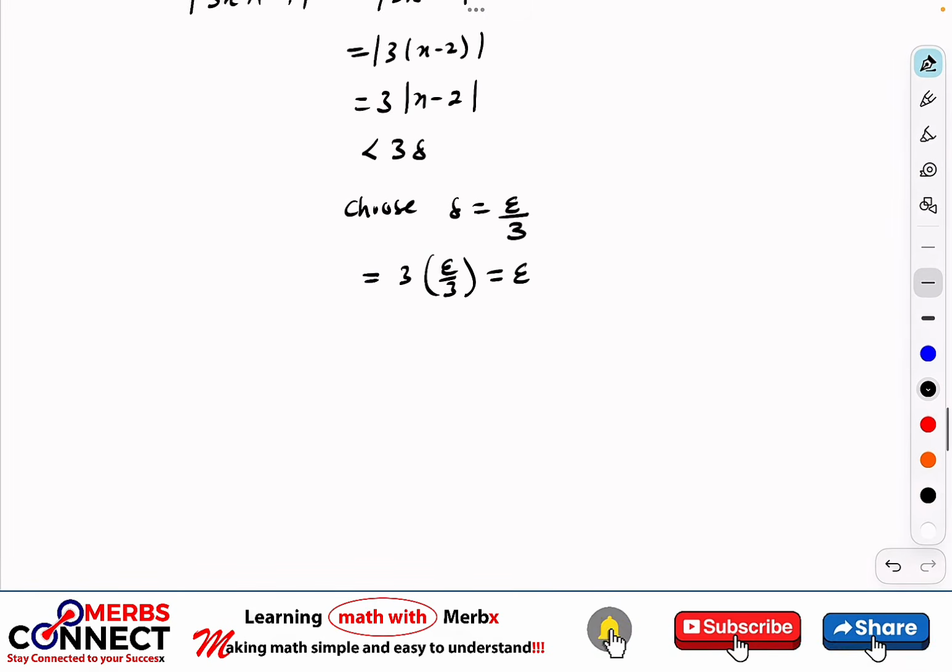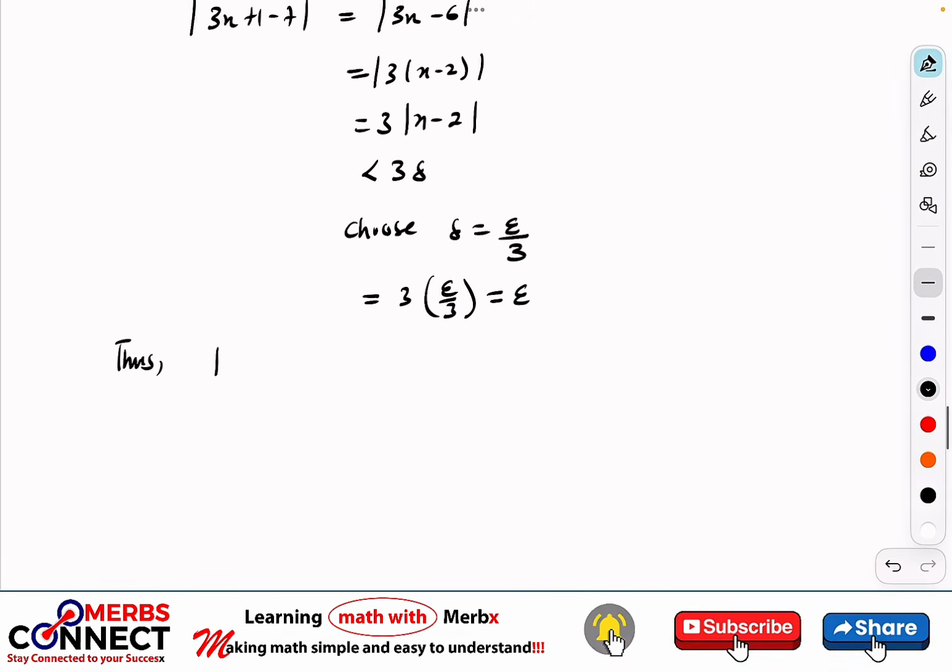So we are going to conclude that, thus, or hence, the absolute value of 3x plus 1 minus 7 is less than epsilon whenever 0 is less than the absolute value of x minus 2, which is less than delta.